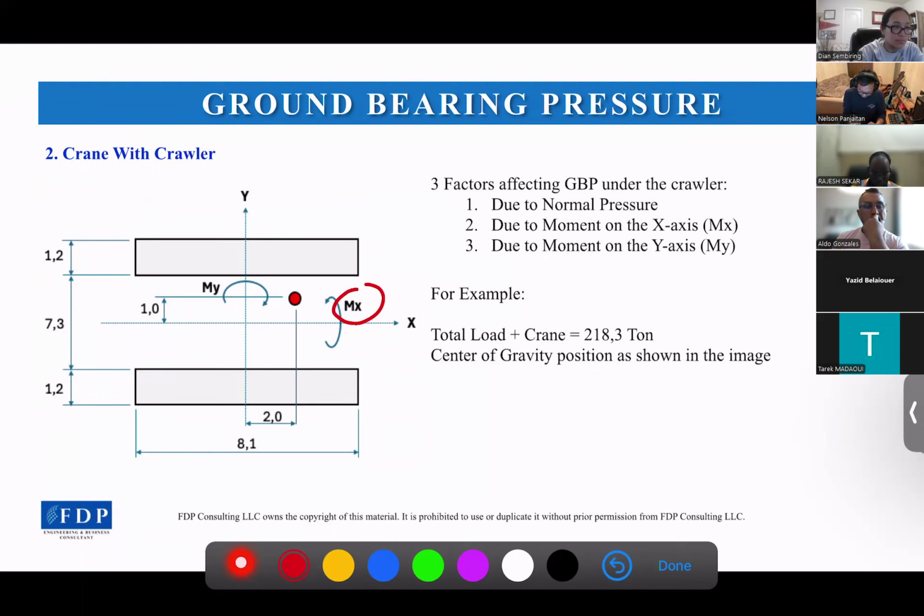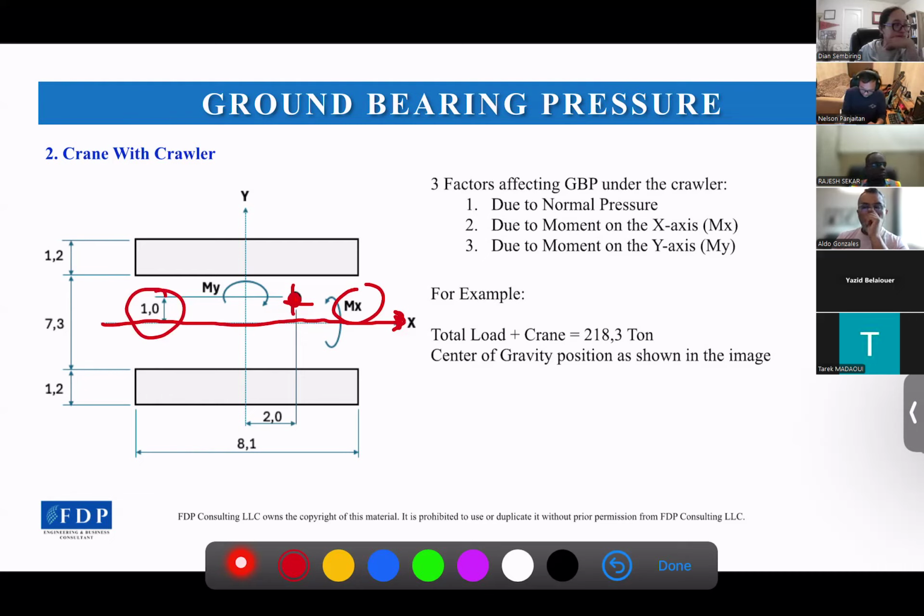The moment x will be caused by the offset to the x-axis. The x-axis will be the center of the rotation. Then the offset that should be considered for the moment in the x direction will be this 1 meter.